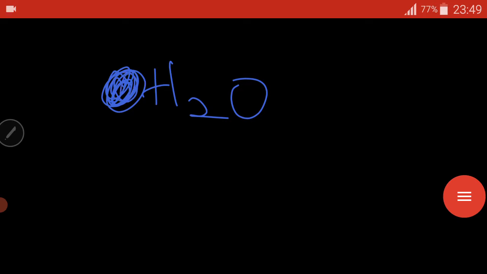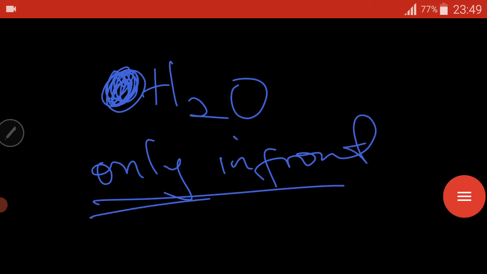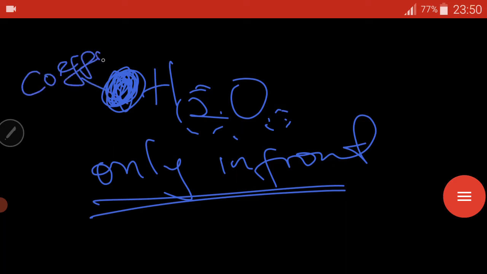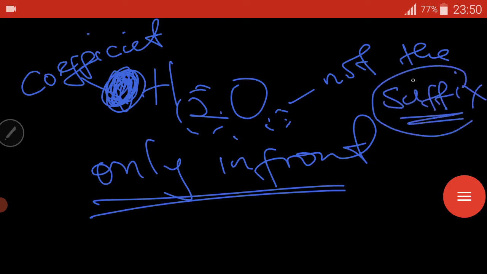You only include the number in front, but don't change this. Also don't include the number as a suffix down here. So you only put the coefficient and not the suffix. Never change the suffix, but change the coefficient.